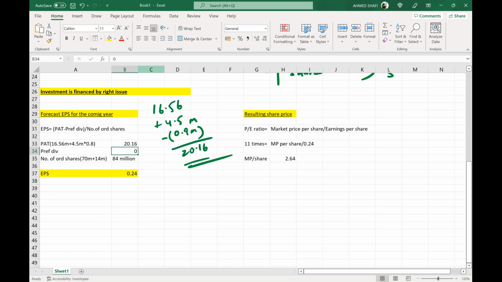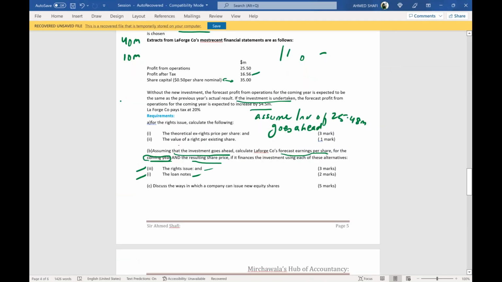But there are some students who want to enter into technical computations. However, my job is to clarify them as well. Therefore, I'm doing it, since they want to take the long route. They are on the wording that without the new investment, the forecast profit from operations is expected to be the same as the previous year.